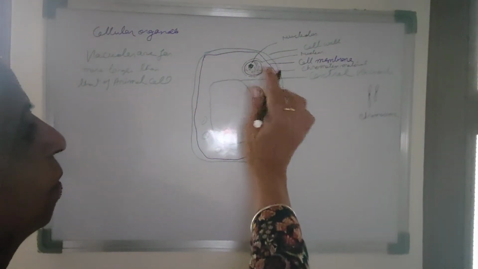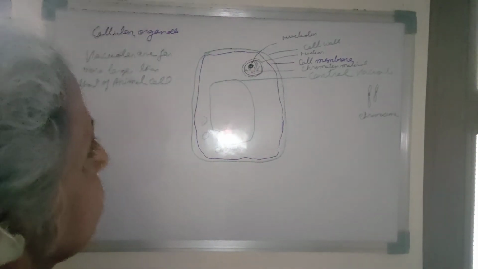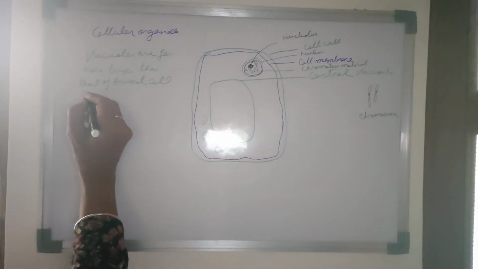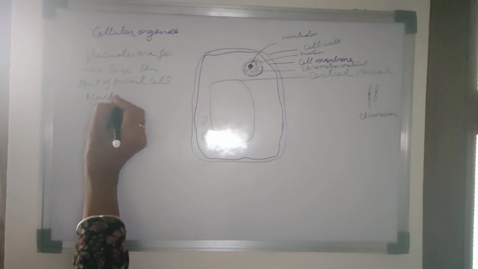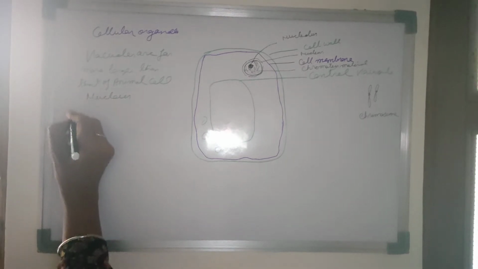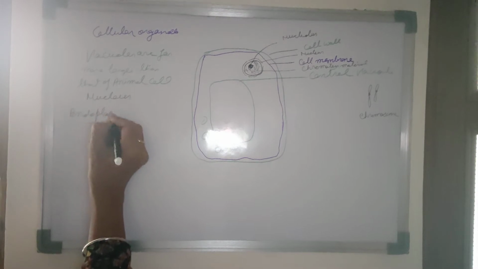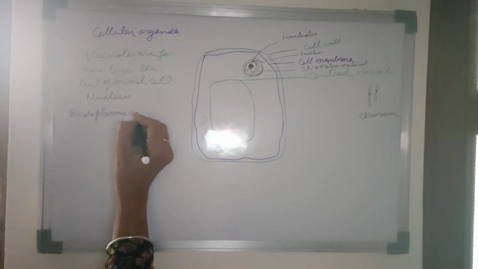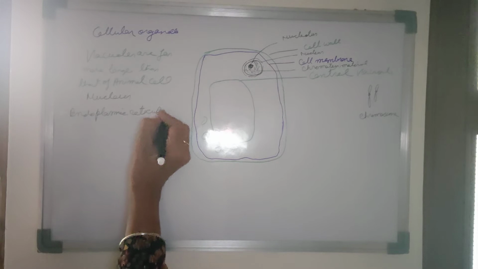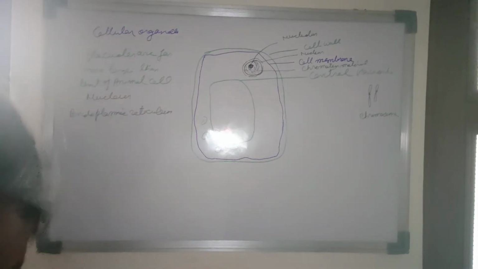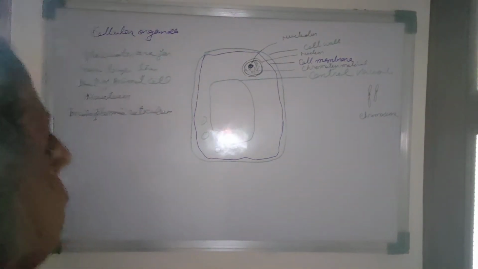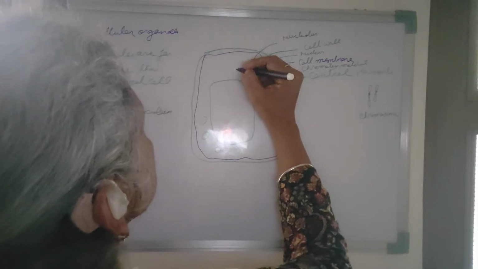And next is endoplasmic reticulum. Endoplasmic reticulum is present near the nucleus.